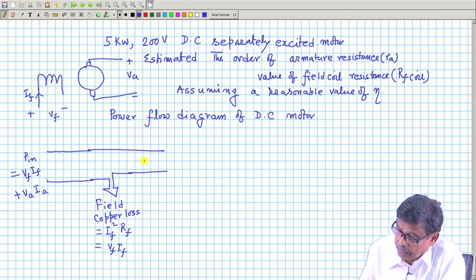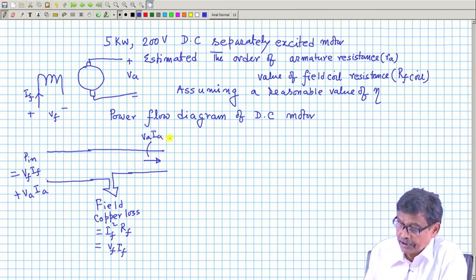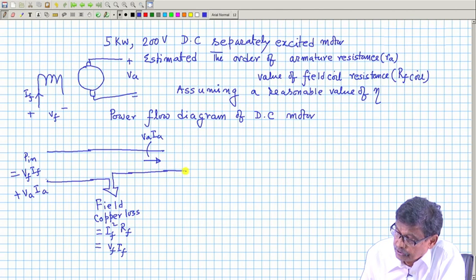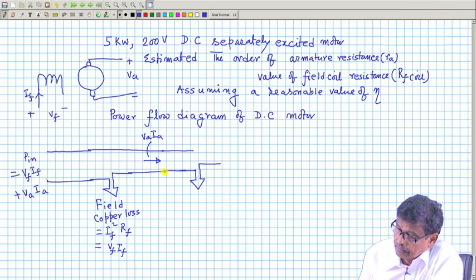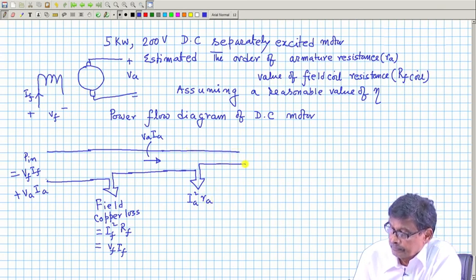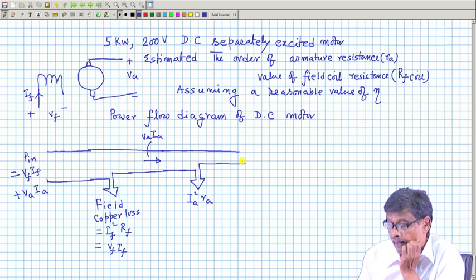So here the power will be V_A into I_A, the remaining power input to the armature. Out of this total power input, a portion will be lost in what is called armature copper loss, I_A squared R_A.